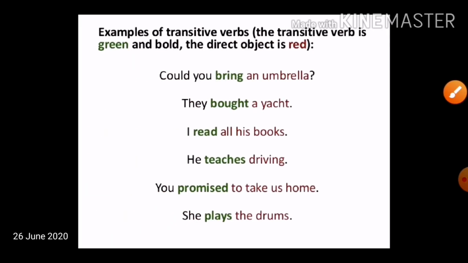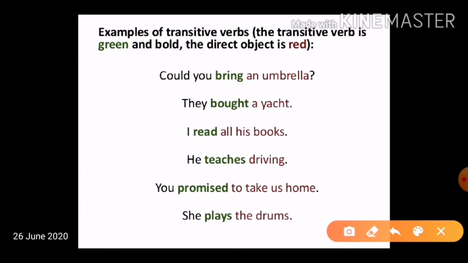Moving further, here you see the green words. These green words are transitive verbs, and the red ones are the objects. These transitive verbs take these red words as objects. I will underline the transitive verbs and encircle the direct objects.